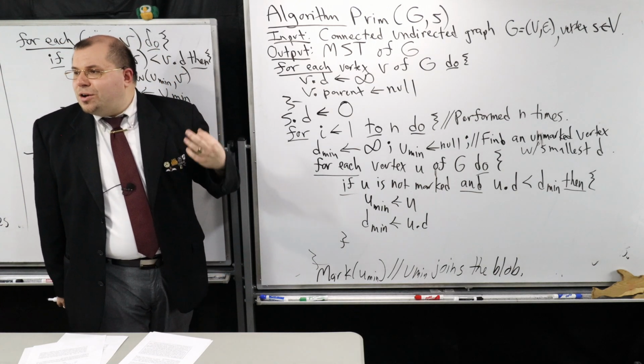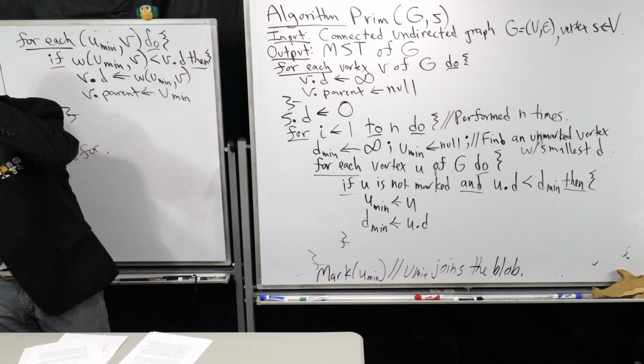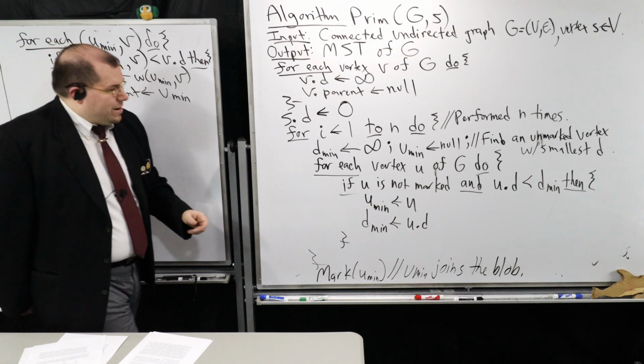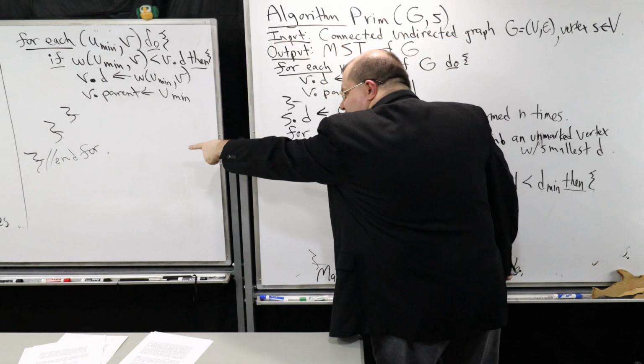This is all within that outermost for loop. This is the outermost for loop this is closing on, just to clarify. It goes from i is 1 all the way to n, and it ends over on that board.